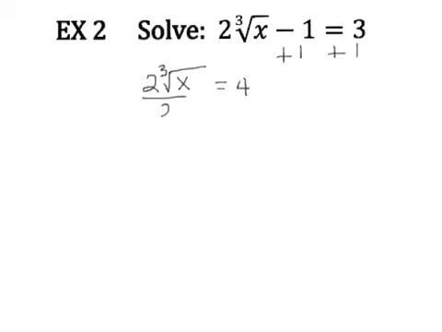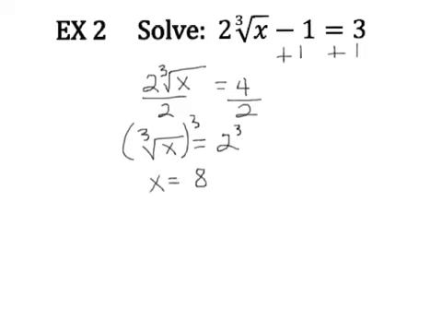So we need to divide by 2, which gives us the cube root of x is equal to 2. Since we have a cube root, the way you undo a cube root is by raising it to that power. So we have x is equal to 8, and that's our answer.